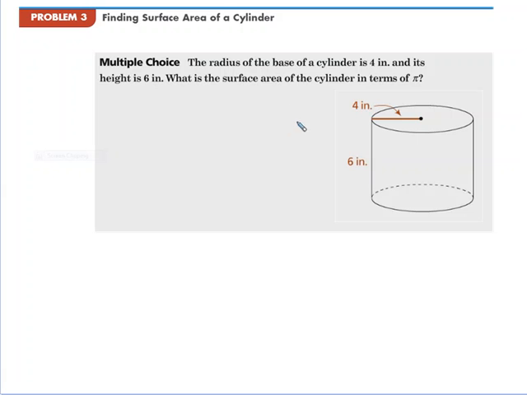The 2 problems we have are, in this cylinder, we notice that the radius is 4 inches and that the height is 6 inches. And it's asking for the surface area in terms of pi. So let's recall our formula. It was 2 pi r h plus 2 pi r squared.